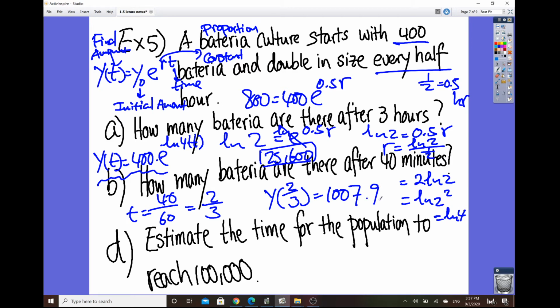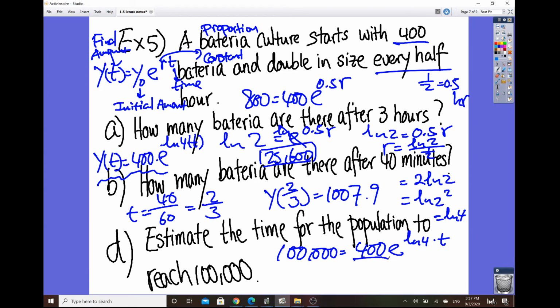So now, the last one here. Estimate the time for the population to reach 100,000. So that means the final amount is 100,000, and we want to set that equal to 400 times e to the power of natural log of 4 times t. For those of you who might be having difficulty with solving a problem like this, we just want to isolate the variable.